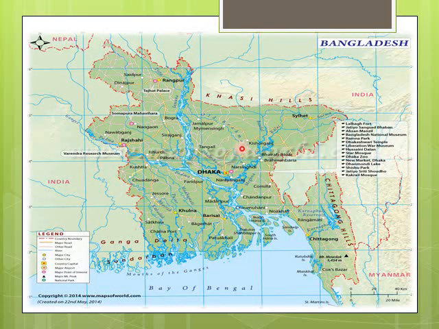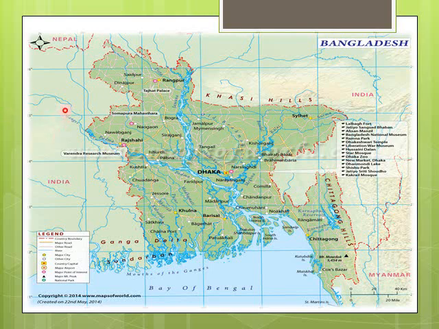So this is the map of Bangladesh. Here you can see the bold black text is the capital, which is Dhaka, and these blue lines show the river system of Bangladesh, in which you can see the major rivers like Padma, this is Meghna, and this is Karnafuli.